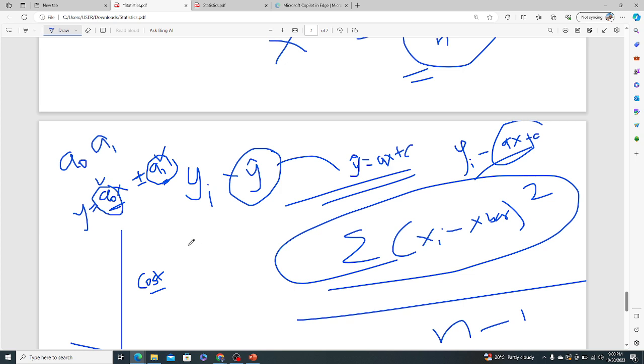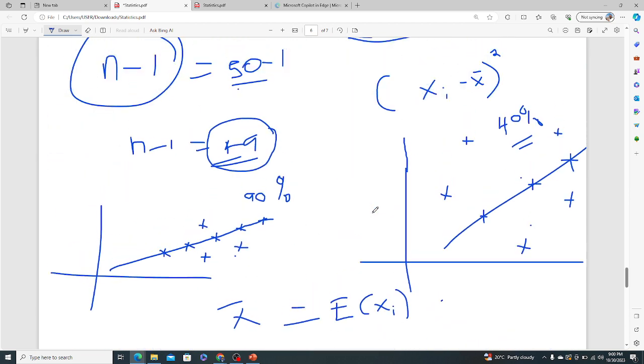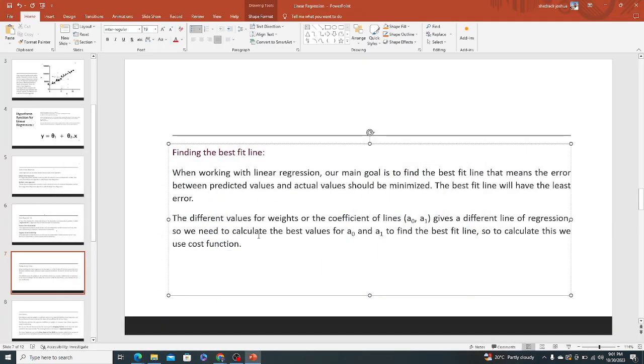It is trying to minimize these differences, just to illustrate, just to give an example. It tries to minimize the error term.